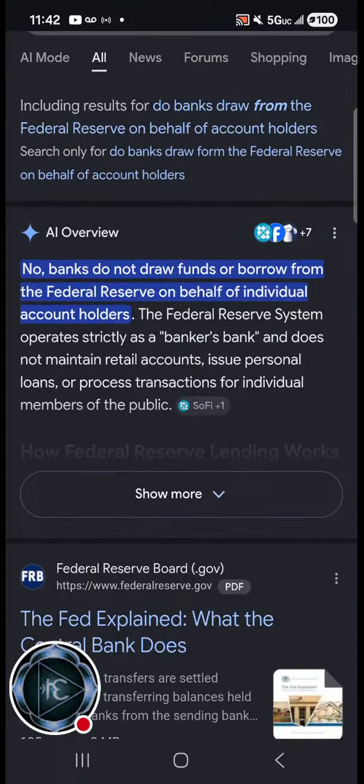No. And Yusuf is so trusting in the AI, he'll take that for an end-all answer. And the AI is stupid. It said, no, banks do not draw funds or borrow from the Federal Reserve on behalf of individual account holders. That wasn't my question anyway.